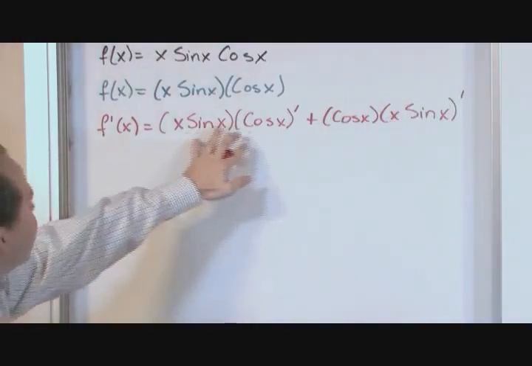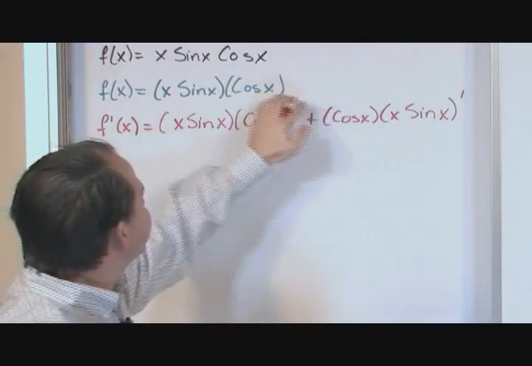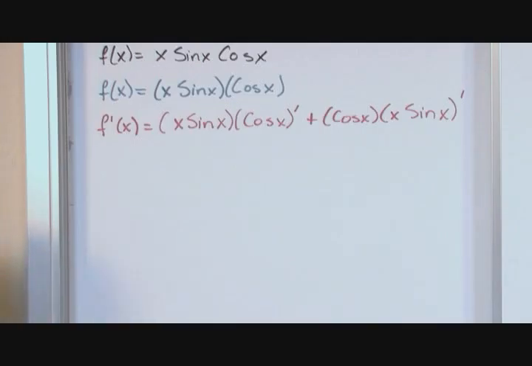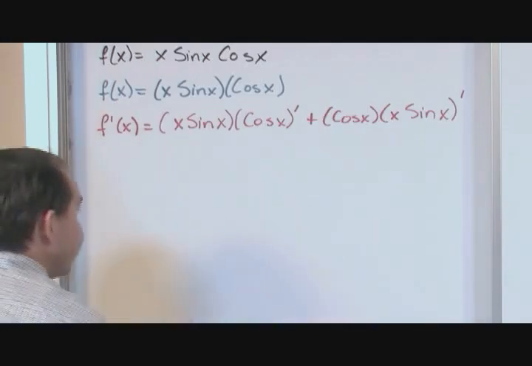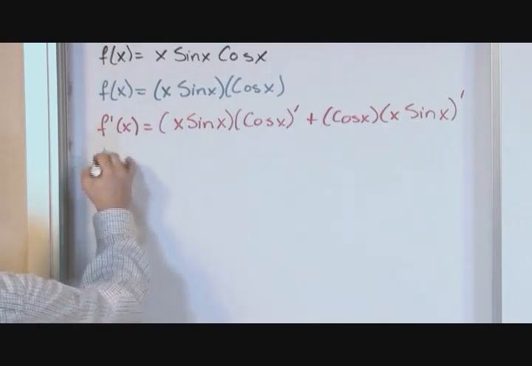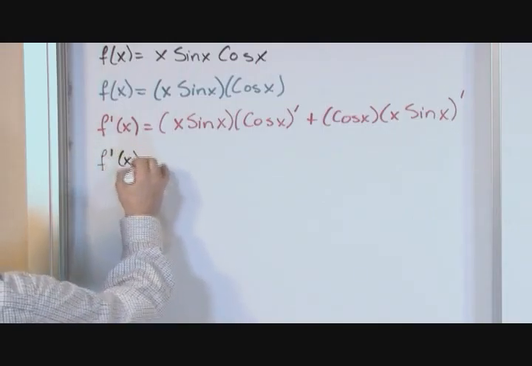So the first function times the derivative of the second plus the second function times the derivative of the first function. Now, even if you don't do anything else on your test, your professor will give you some credit even for writing that down, even if you don't know what to do next. But let's just take it one step at a time.